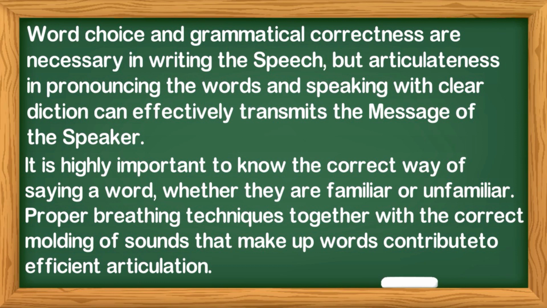It is highly important to know the correct way of saying a word, whether familiar or unfamiliar. Proper breathing techniques, together with the correct molding of sounds that make up words, contribute to efficient articulation.